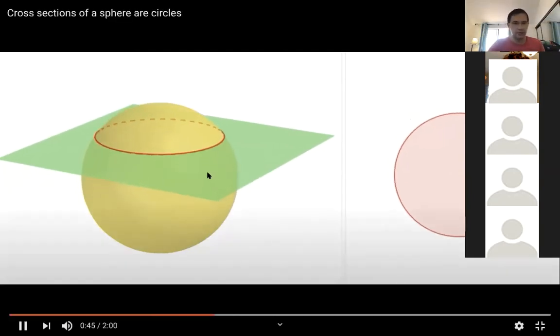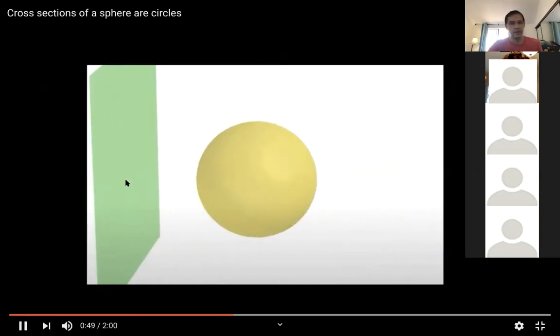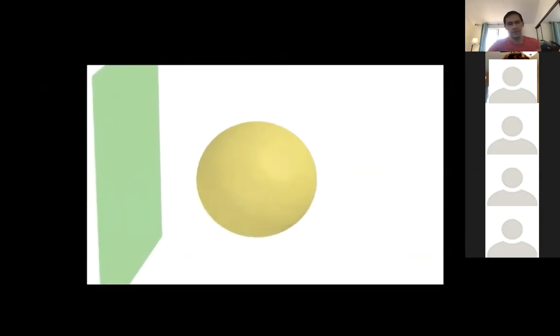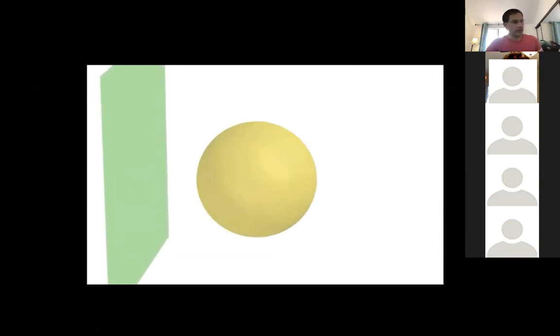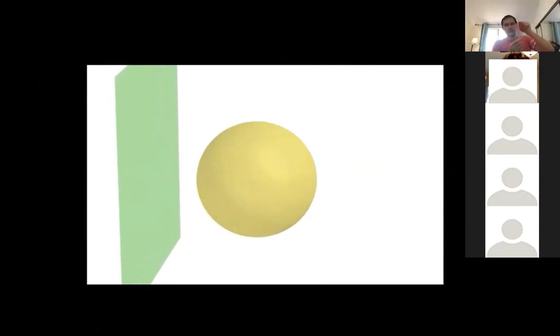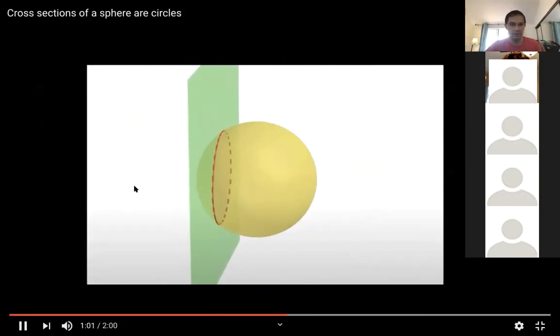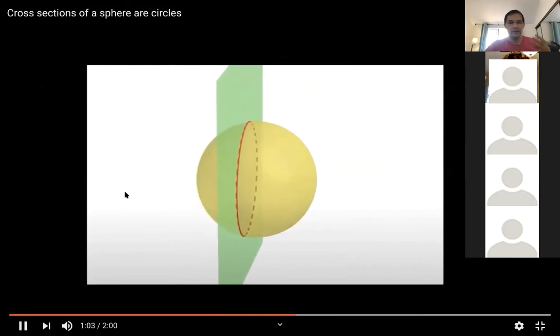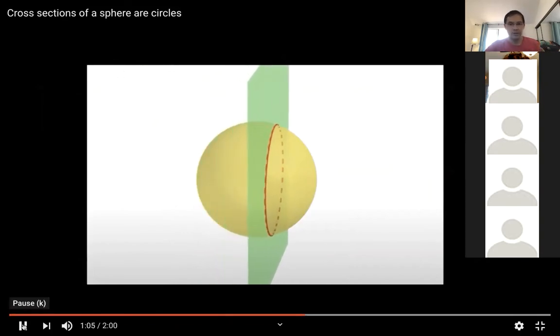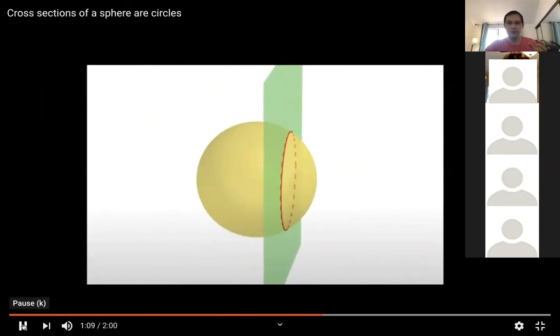Let me show you how this looks when the plane is orthogonal to the x-axis. Same idea. So my plane now looks like this. And my cross section will also be a circle, but notice one thing. The cross section now is a function of x.